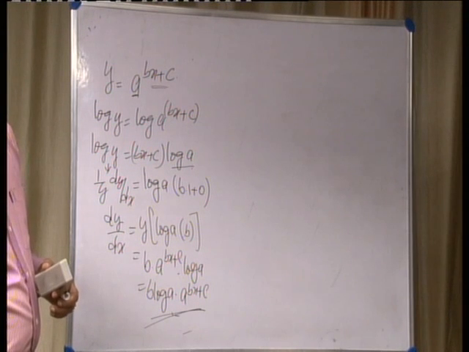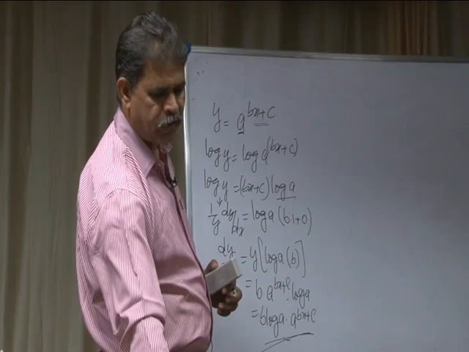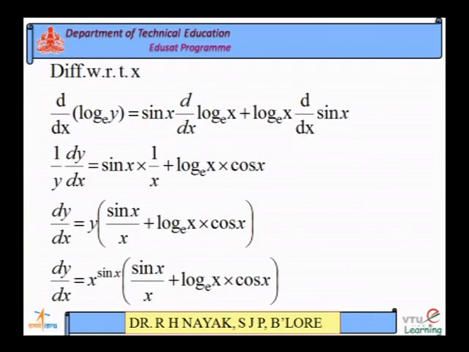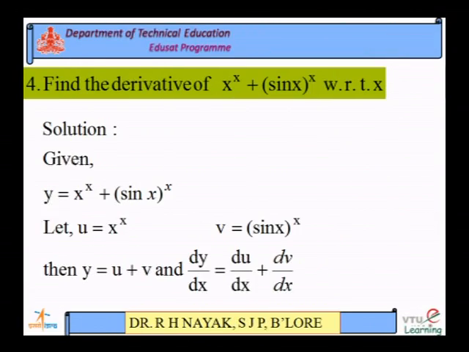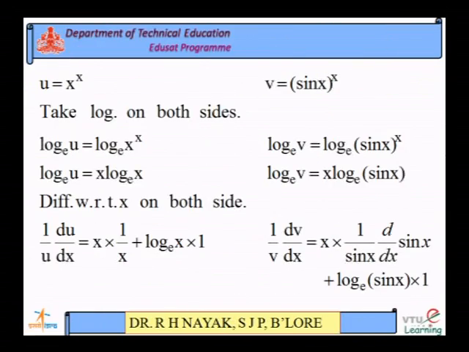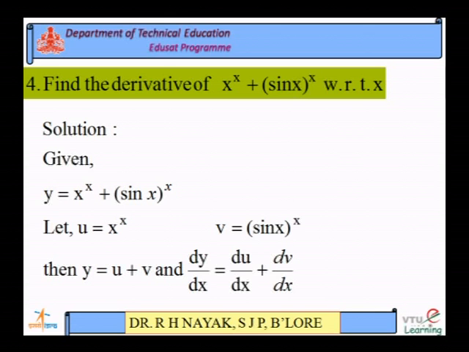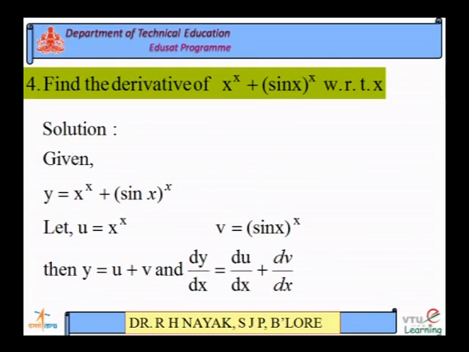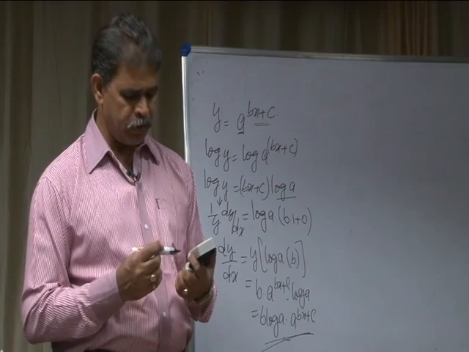You go through few examples, x to the power of sin x, it is already discussed, x to the power of cos x. You take the given problem, x to the power of x plus sin x to the power of x with respect to x.